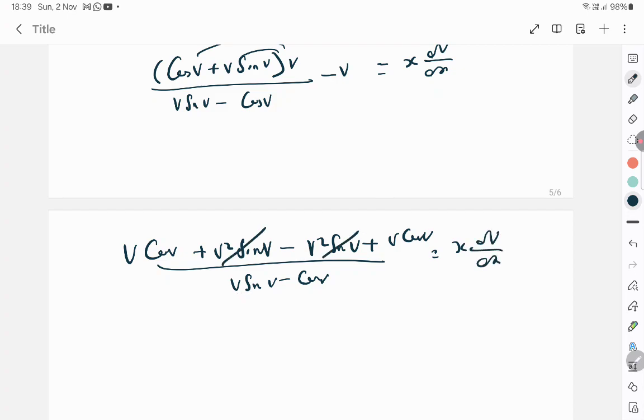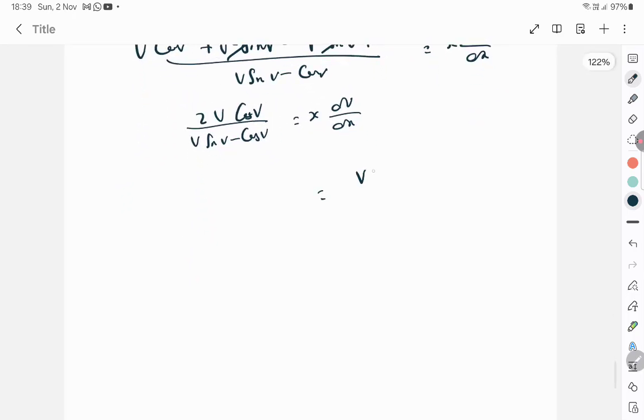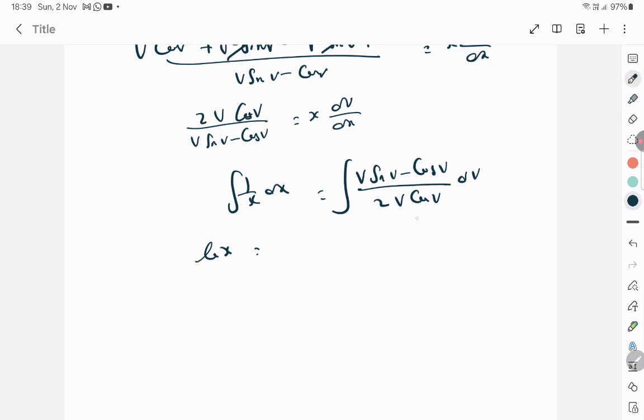The v square sin v will get cancelled. 2v cos v by v sin v minus cos v is equal to x into dv by dx. Now take all the v to one side. So v sin v minus cos v by 2v cos v into dv is equal to 1 by x into dx. In this it's log x. Done. In this, 1 by 2 you can take it out.